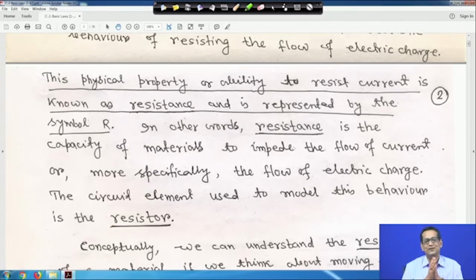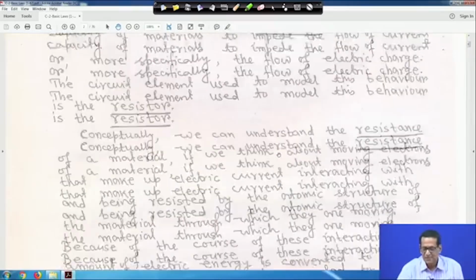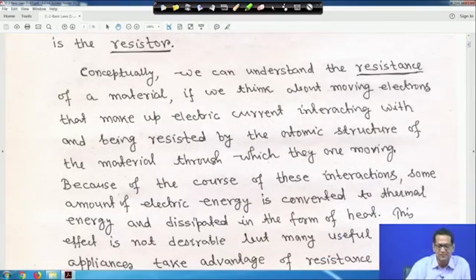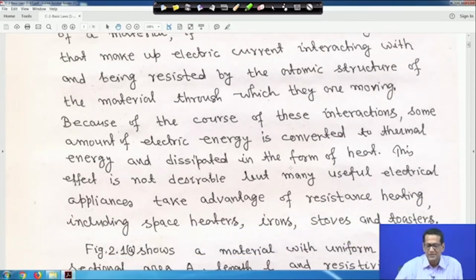Conceptually, we can understand the resistance of a material if we think about moving electrons that make up electric current interacting with and being resisted by the atomic structure of the material through which they are moving. Because of this interaction, some amount of electric energy is converted to thermal energy and dissipated in the form of heat.